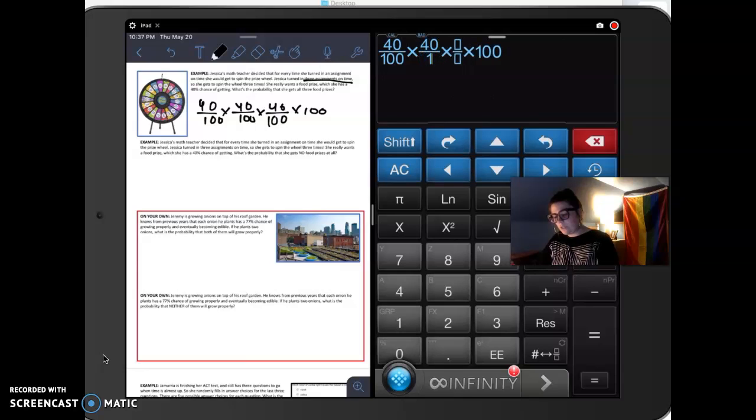Now, if you're thinking to yourself, man, this is a lot of typing, that's why I'm going to show you another way to do this. All right, and we get 6.4.